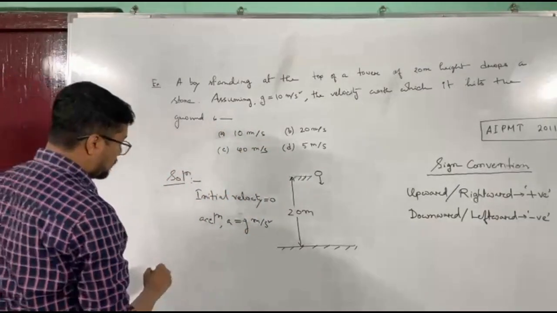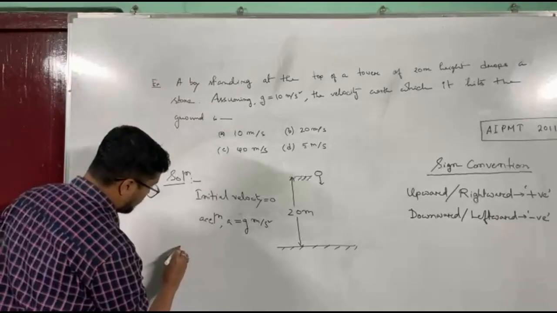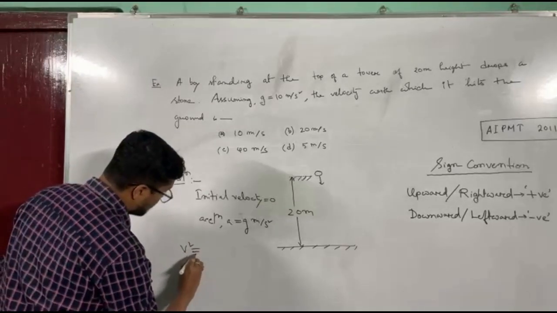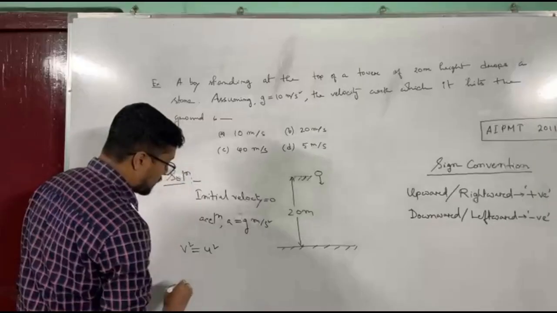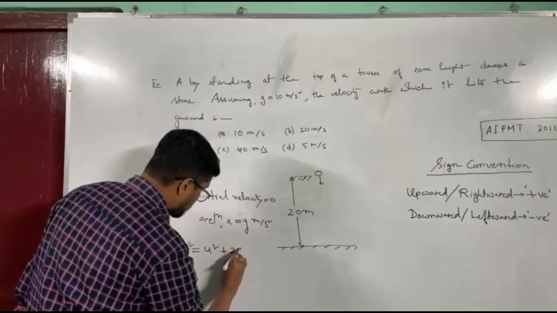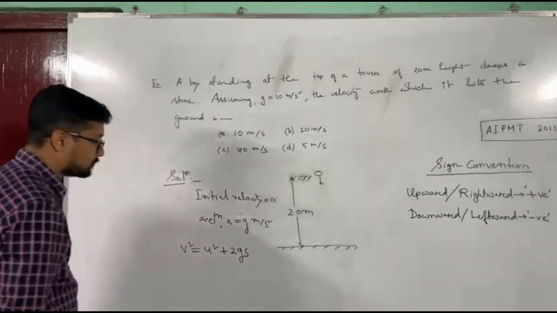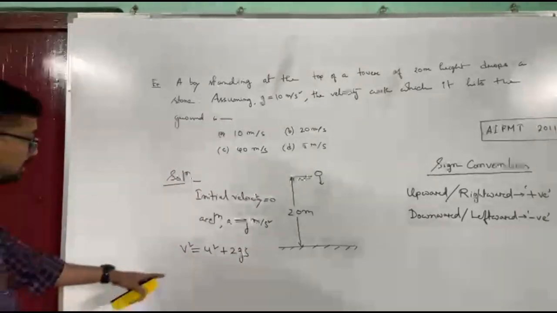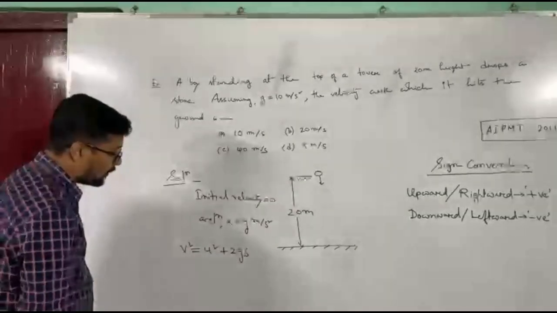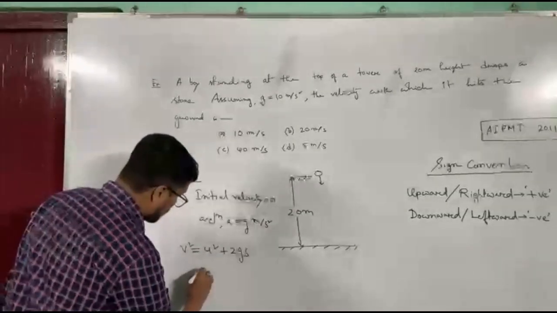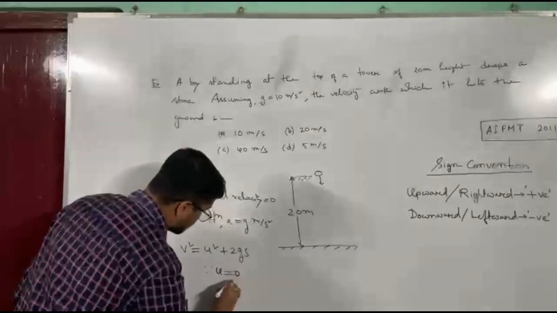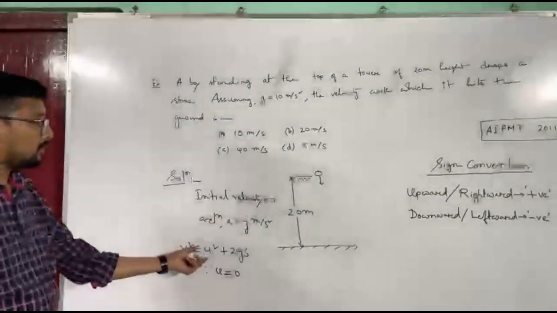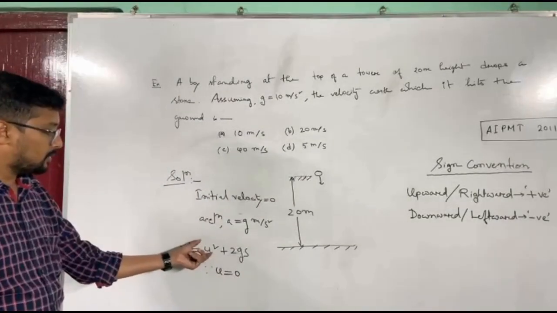We know the relation that we derived, v square is equal to u square plus 2gs, where this u square value will be 0 since initial velocity u is 0.